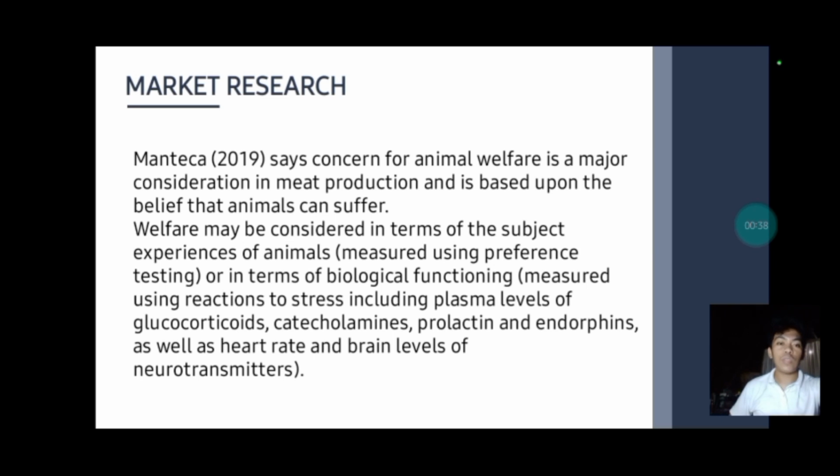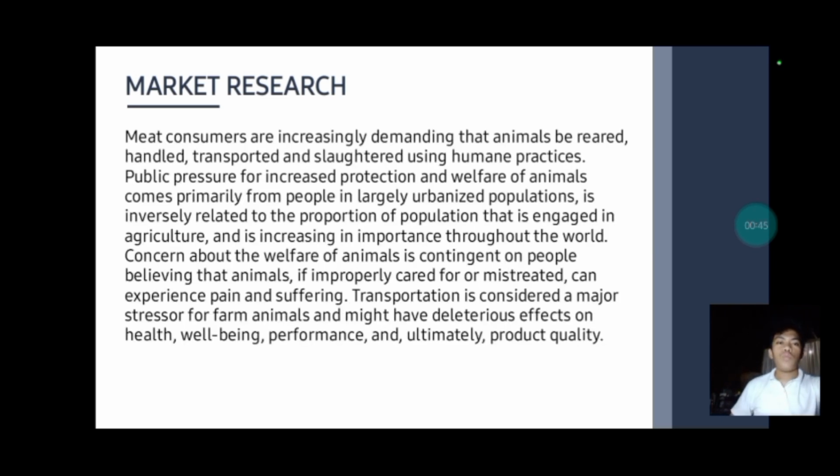levels of neurotransmitters. Meat consumers are increasingly demanding that animals be reared, handled, transported, and slaughtered using humane practices. Public pressure for increased protection and welfare of animals comes primarily from people in largely urbanized populations, is inversely related to the proportion of the population that is engaged in agriculture, and is increasing in importance throughout the world.